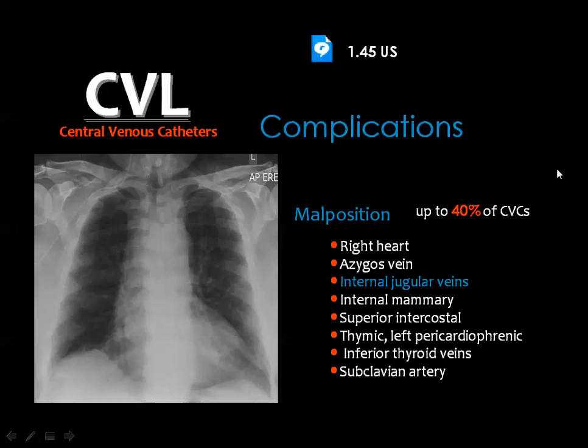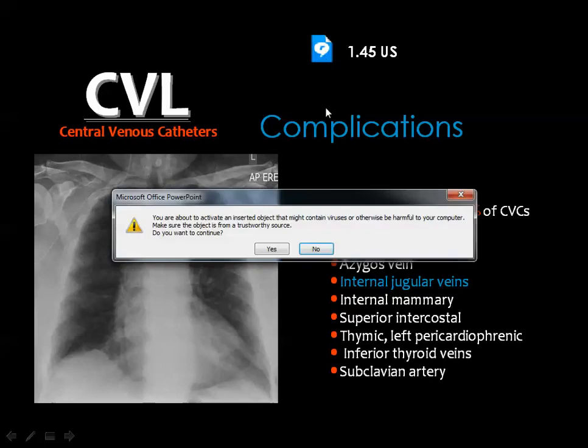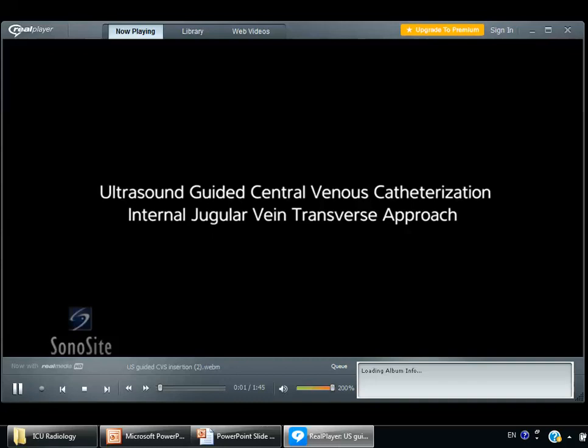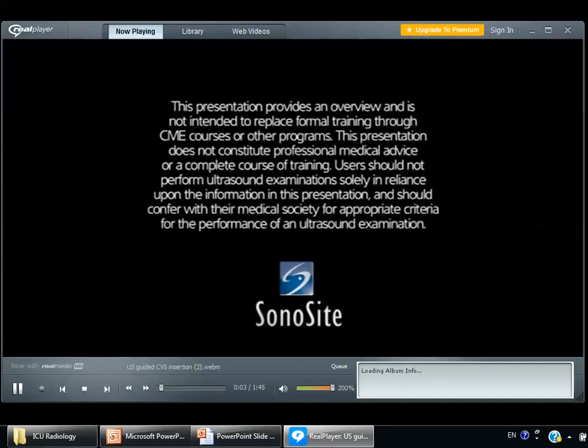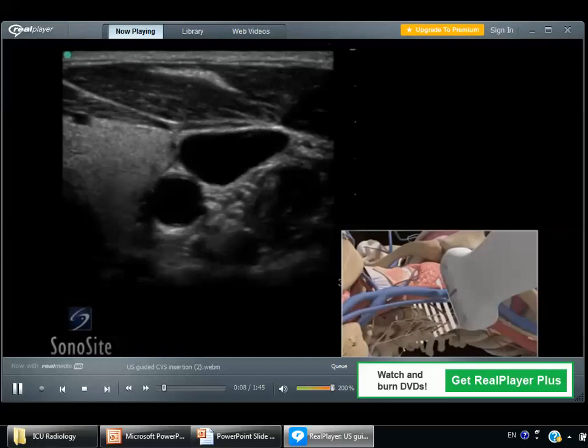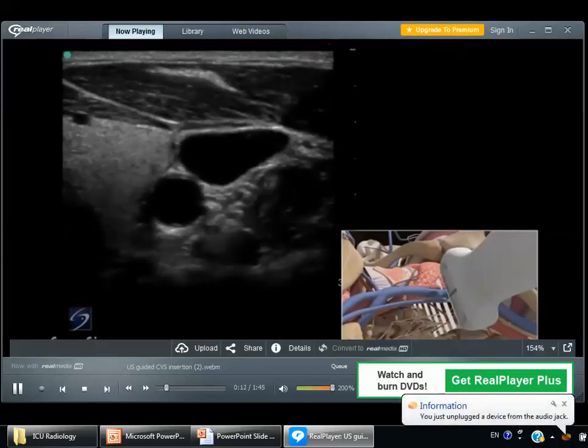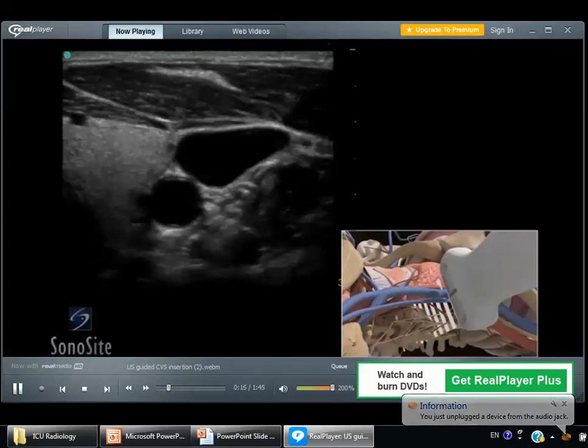One of the major advantages of ultrasound is that it can guide the insertion of the central venous line accurately, and you are sure. A linear array transducer with a venous exam type is used to perform an ultrasound-guided insertion of an internal jugular catheter via a transverse approach.